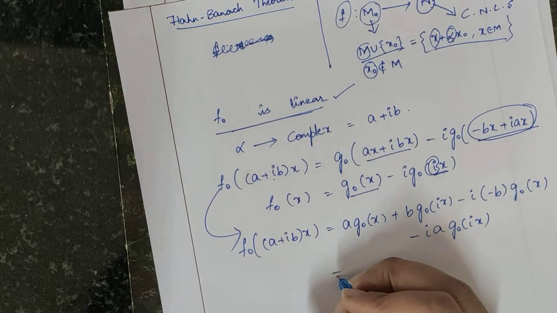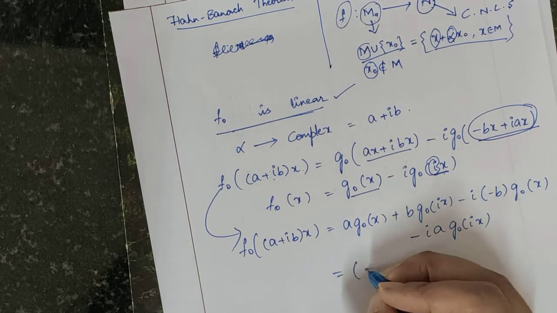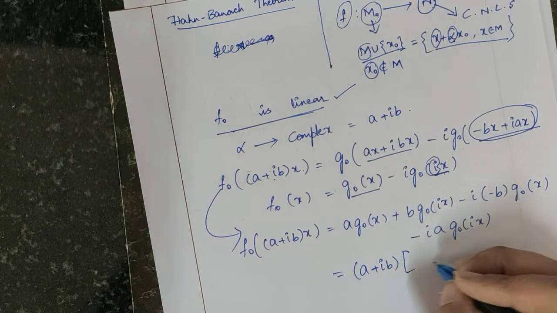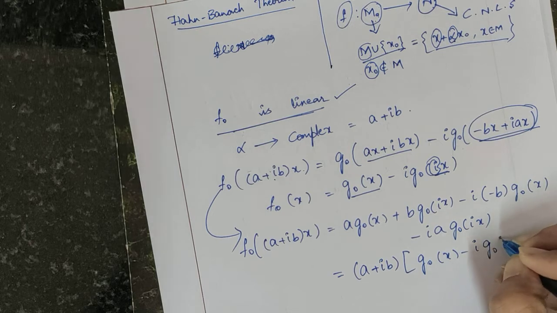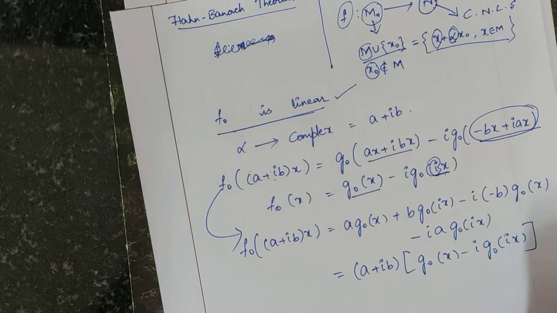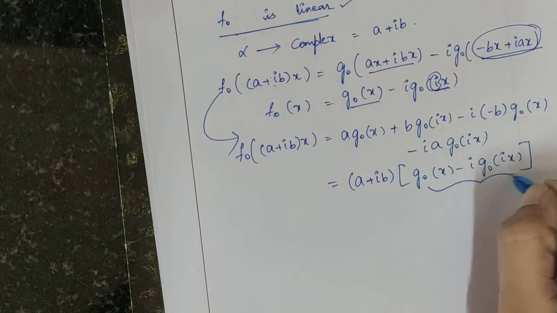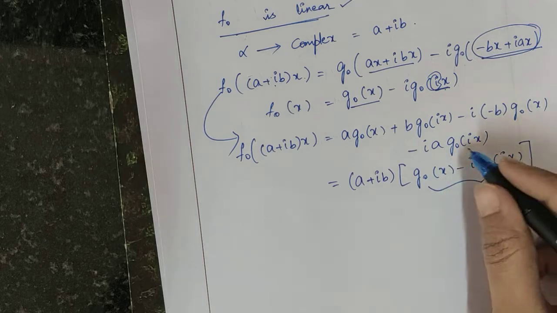Okay. So now I can take a plus ib as common. So if I choose a plus ib as common, I will be getting g0 of x minus i into g0 of ix. So now what is g0 of x minus i into g0 of ix? This is nothing but your f0 of x, right?